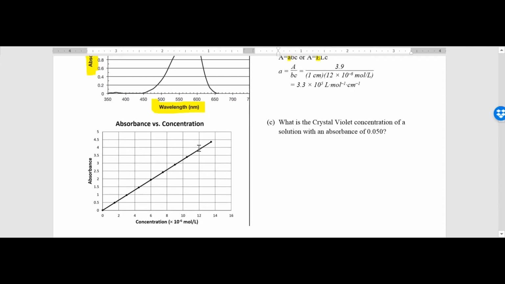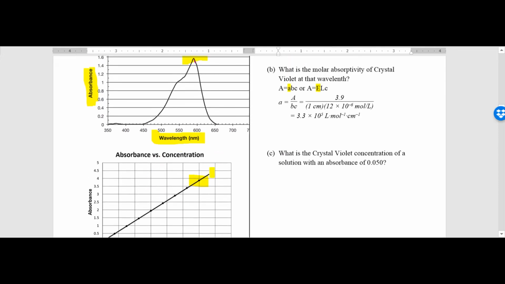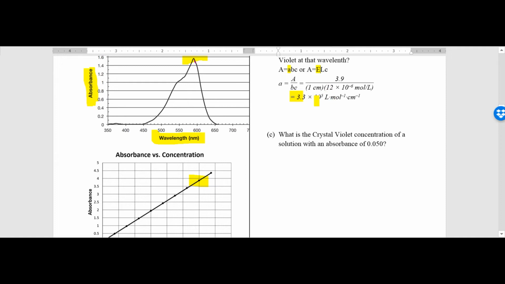So I'm choosing this data point right here. I just chose a random point on the graph. I could have chosen any of the points, but that's the one I chose to use. So 3.9, and the concentration was 12 times 10 to the negative 6. I'm going to plug that information in. So A was my absorbance.